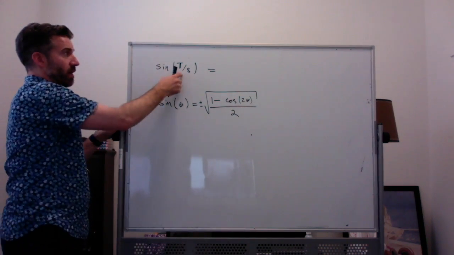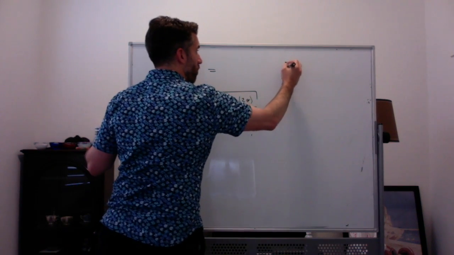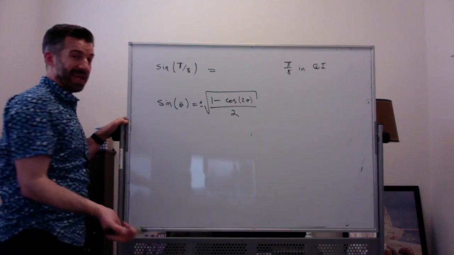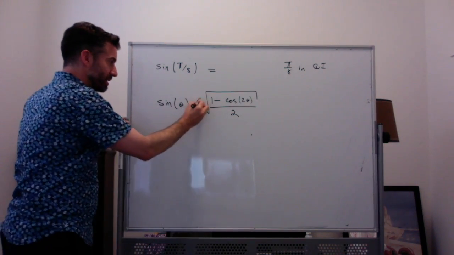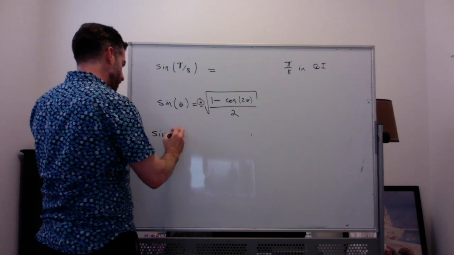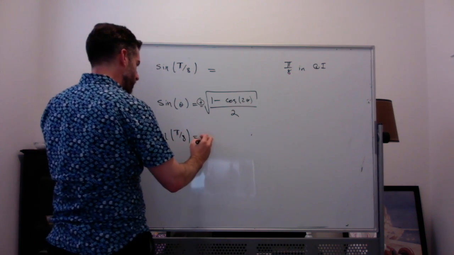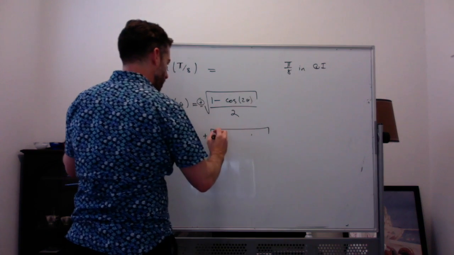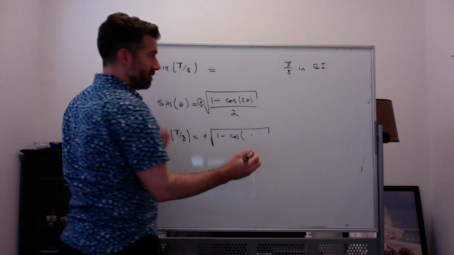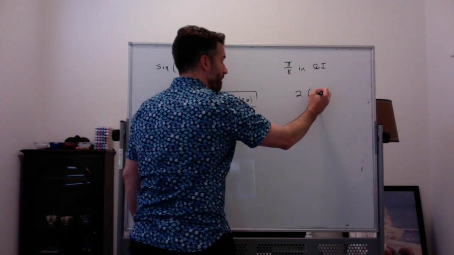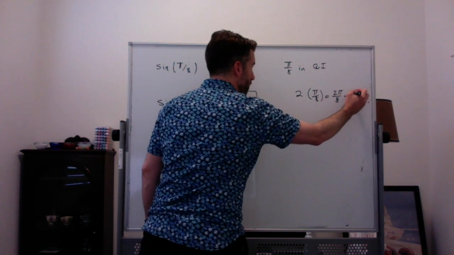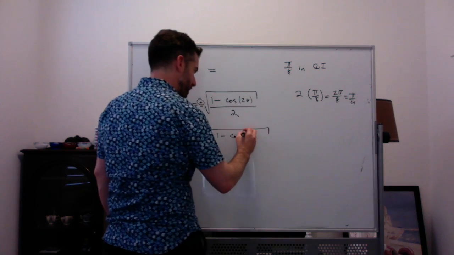Okay, so my angle pi over 8 is definitely in quadrant 1, so I know that sine of an angle in quadrant 1 is positive. So it's going to be sine of pi over 8 equals positive square root of 1 minus cosine of 2 times pi over 8. 2 times pi over 8 is 2 pi over 8, which is pi over 4. So that's what's going to go in there.